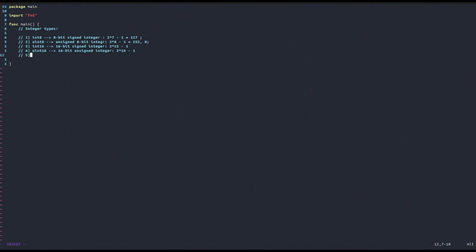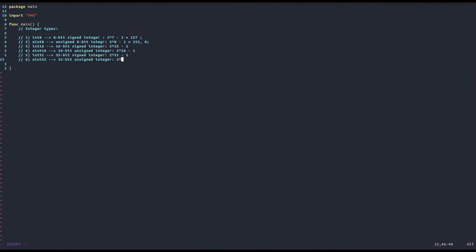Then there's also the int32 type, which is a 32-bit signed integer. And again, here the maximum value in absolute value is equal to 2 to the 31 minus 1. And then there's its unsigned counterpart, uint32, which is a 32-bit unsigned integer.